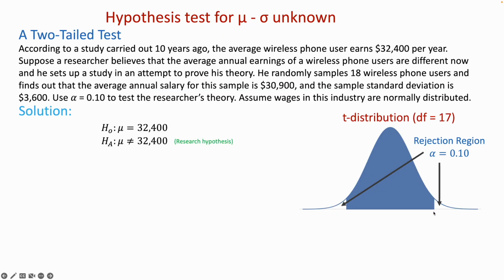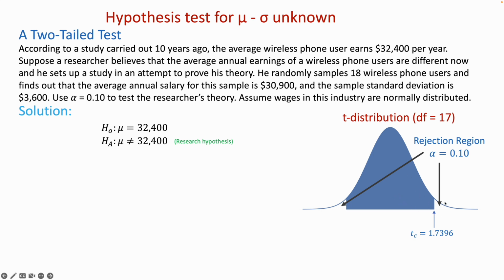This is TC, 1.7396. If I compute the t-test statistic and I land on the other side, I will be rejecting the null hypothesis. If I land in this area here, I'm going to accept the null hypothesis.